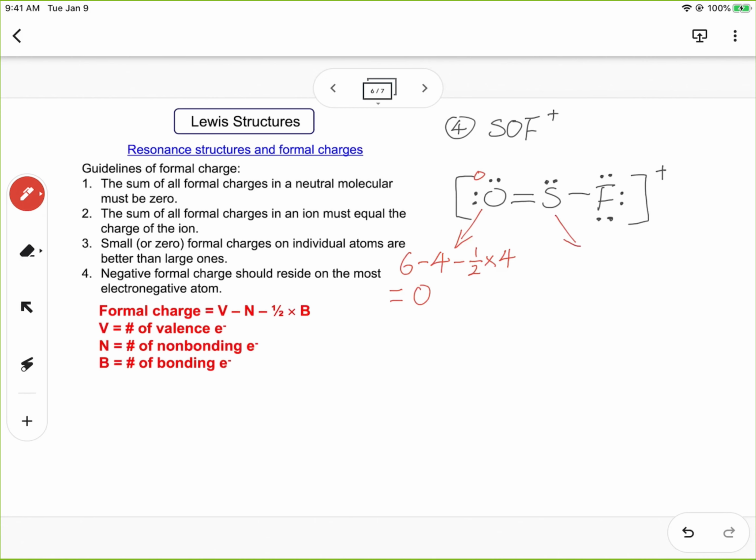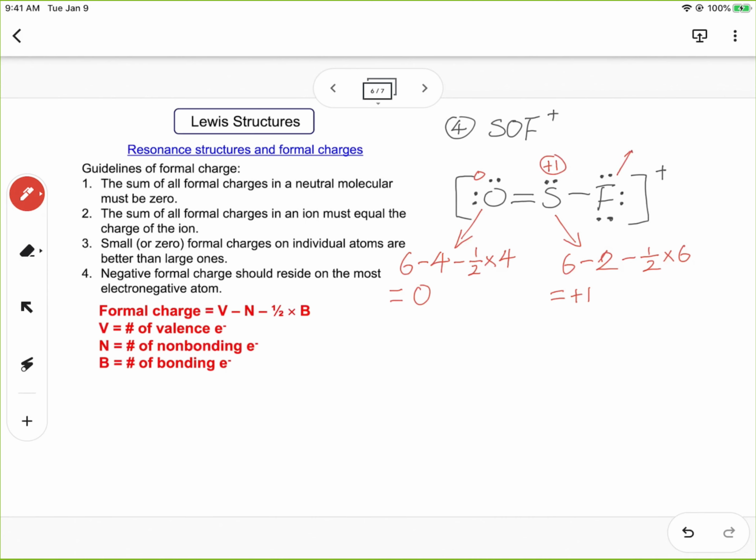For sulfur, 6 valence electrons, okay, group 16, minus 2, you can see the 2 dots right here, minus half of its bonding electrons. You have double bond, single bond, so total would be 6. All right, so this one is going to be +1. +1 for sulfur.